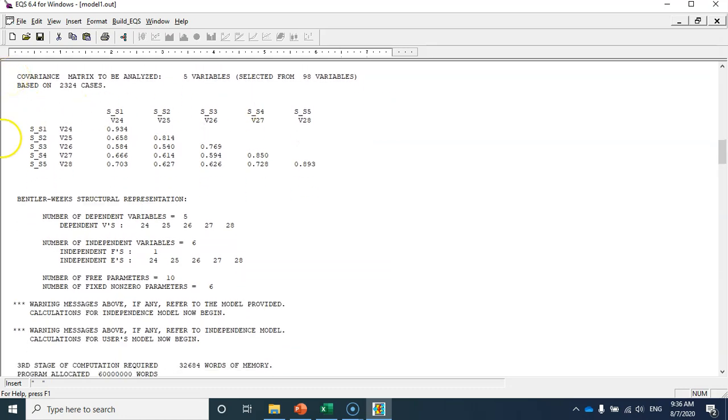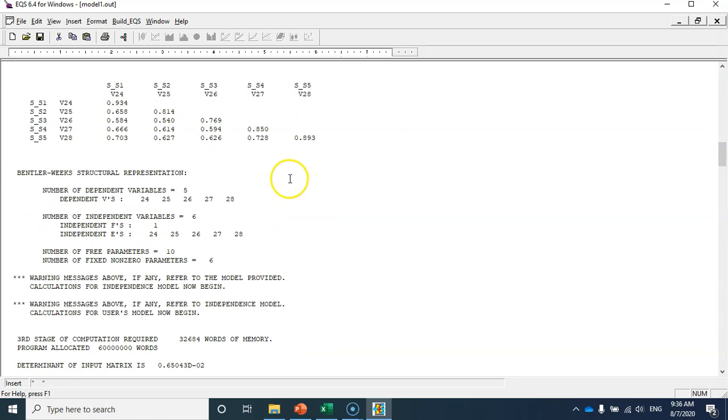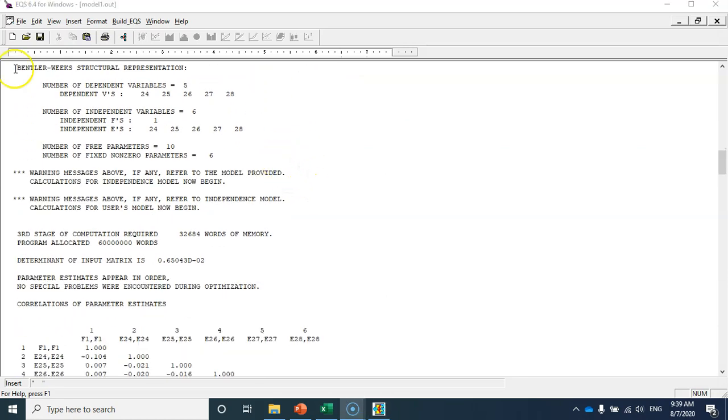Then we have the sample covariance matrix, and after that you can see the Bentler-Weeks structural representation. So we have 5 dependent variables in our model, and all of these dependent variables are observed variables. So V24, V25, V26, V27, and V28 will be our dependent variables.